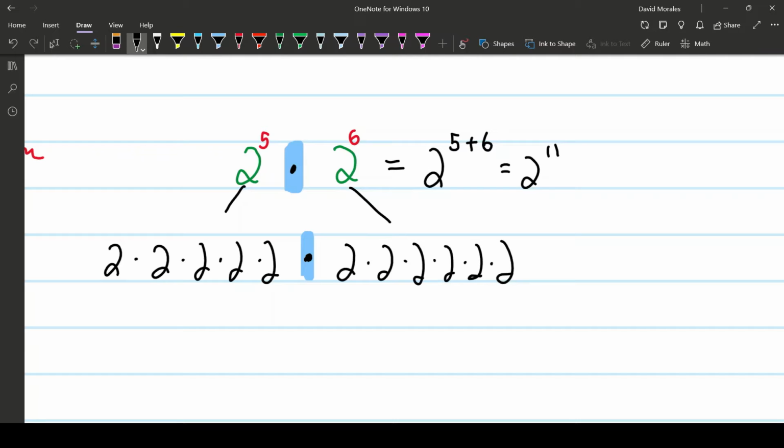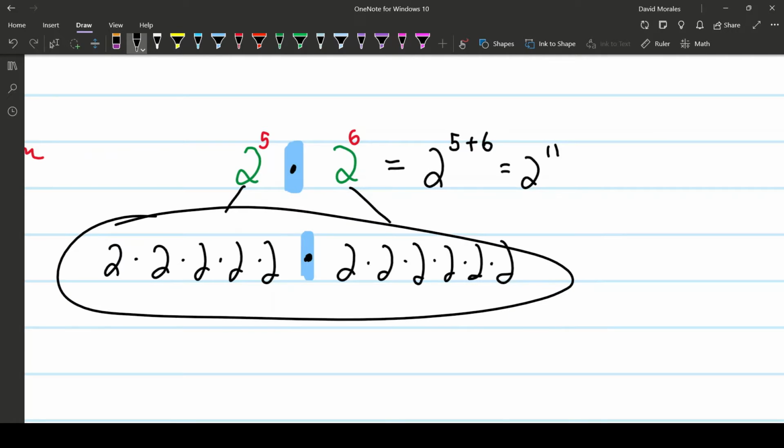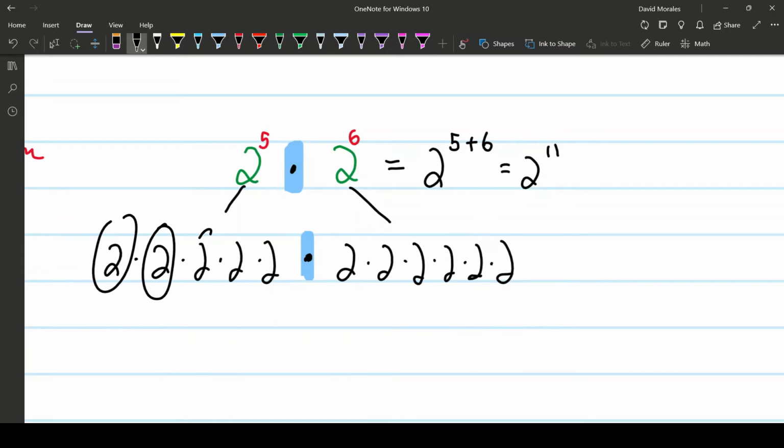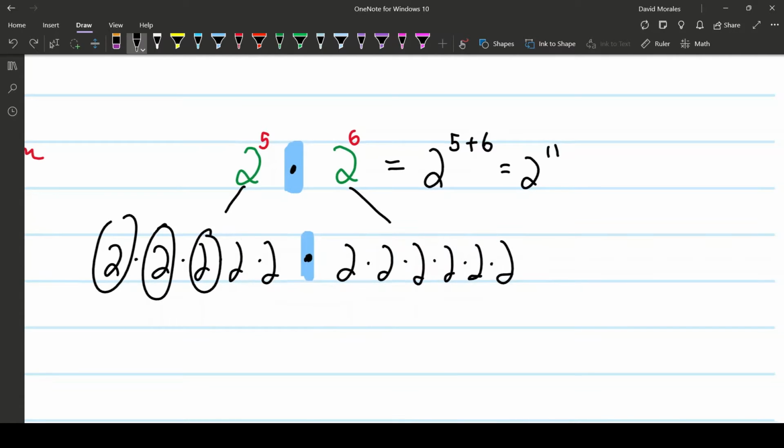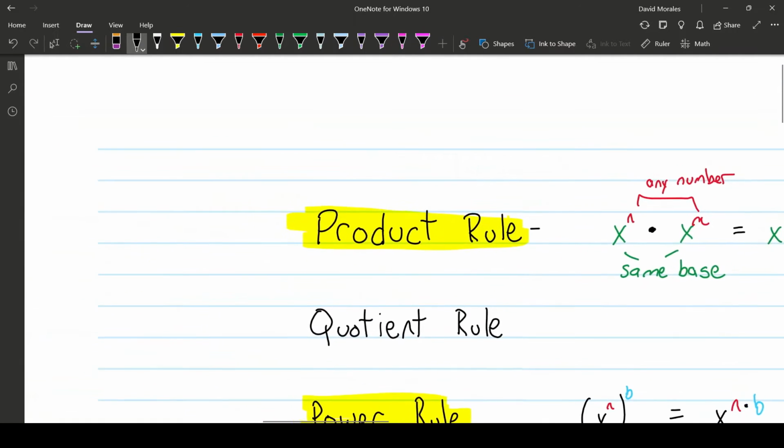How many 2's do we have down here altogether? 1, 2, 3, 4, 5, 6, 7, 8, 9, 10, 11. So that's the same as 5 plus 6, giving me 2 to the 11. And that is how the product rule works. Now let's actually apply this to our problem.